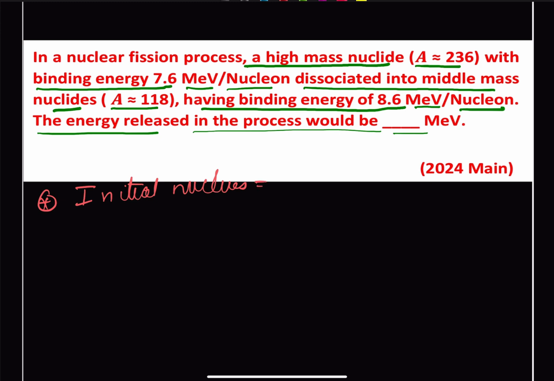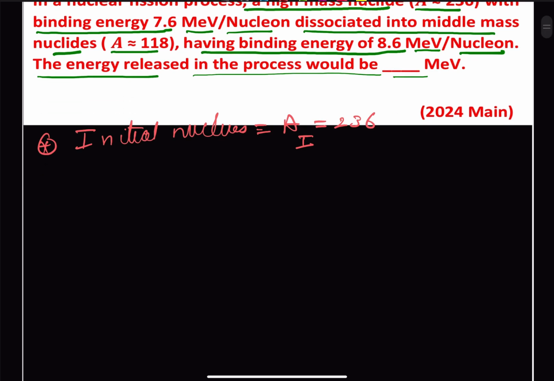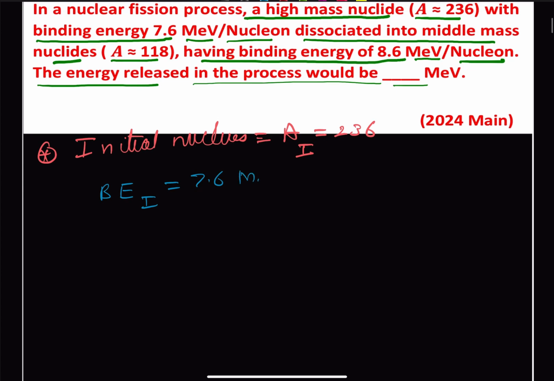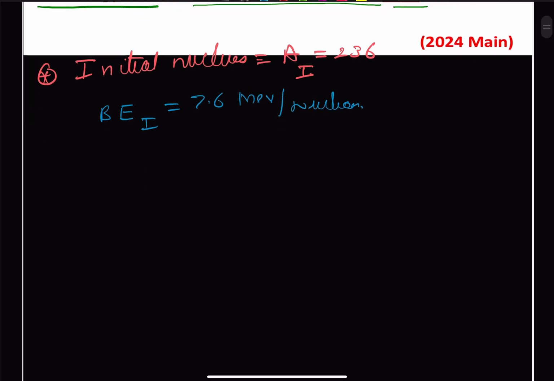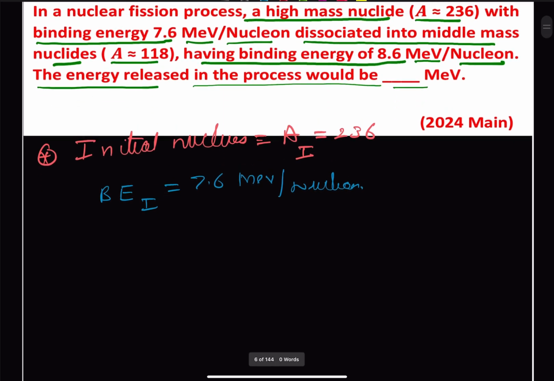So we are given an initial nuclei, and let us denote it as AI, which is approximately equal to 236, and its binding energy is also given to us. So we can say binding energy initial will be equal to 7.6 mega electron volt per nucleon. Then it dissociates into a middle class nuclei.